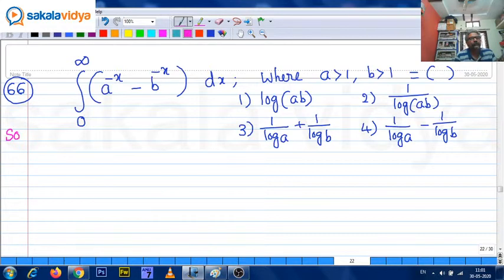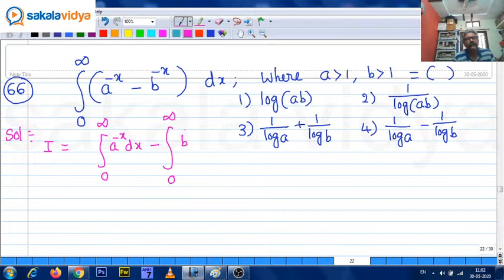Now the solution. First we need to do this problem. Integral 0 to infinity a power minus x dx minus integral 0 to infinity b power minus x dx. We need to split it as a difference of two integrals.